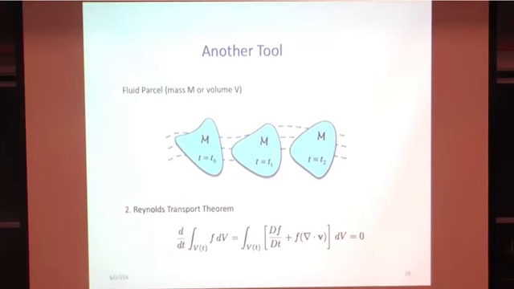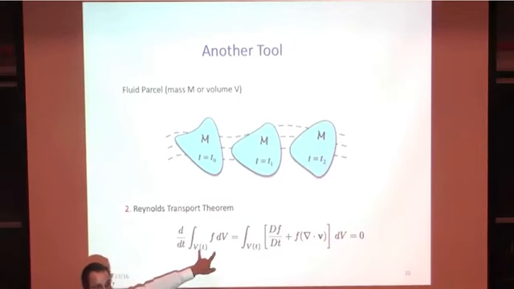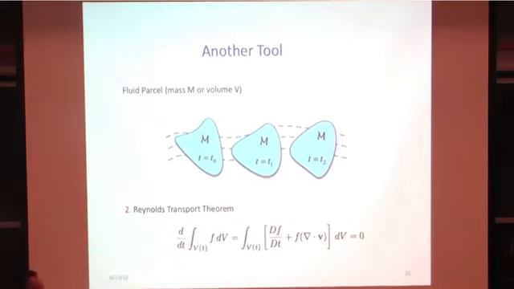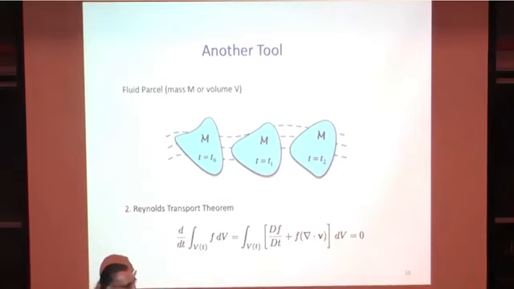And this volume is going to be moving with the fluid, and the volume may be changing with respect to time. We would like to know how the integral of this quantity f changes in that reference frame. So we'd like to take its derivative with respect to time, not just of f, but the integral of f over that volume. And there's this thing called the Reynolds transport theorem, which I'm not going to derive for you, that tells us how we take this derivative sign and move it inside the integral.